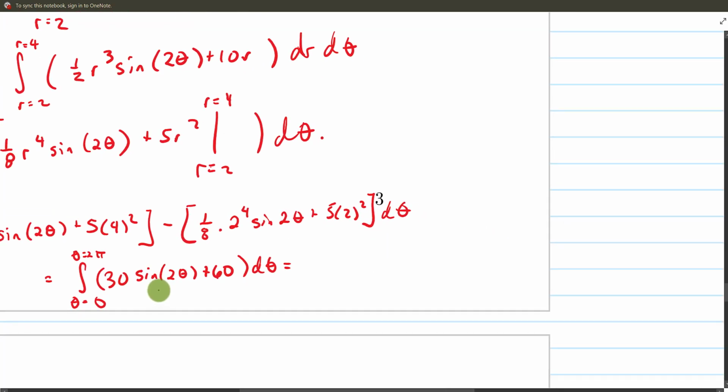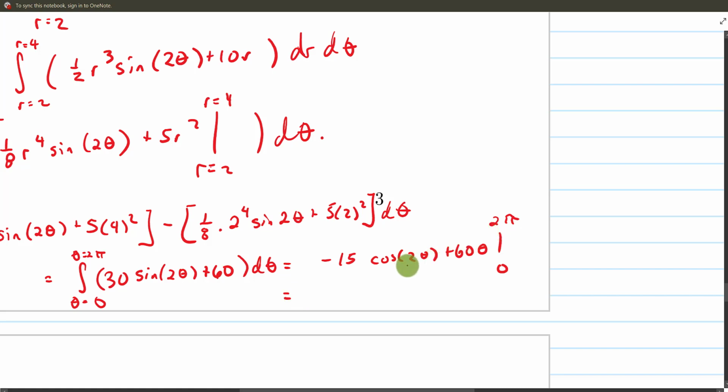Now we're ready to evaluate this integral with respect to theta. We certainly want a minus cosine 2 theta. So when we take the derivative, we get 30, so it makes a 15 there. So minus 15 cosine 2 theta plus 60 theta, evaluated from theta equals 0 to theta equals 2 pi. Folks, I've run out of room here.